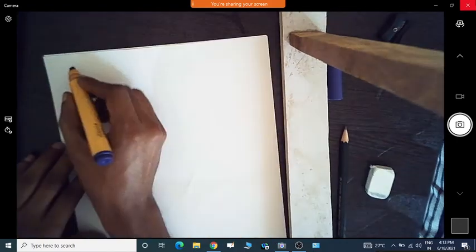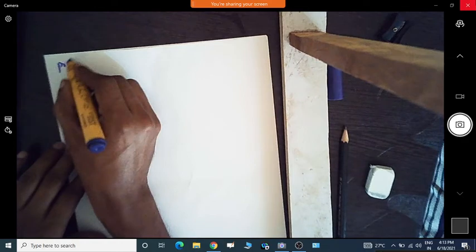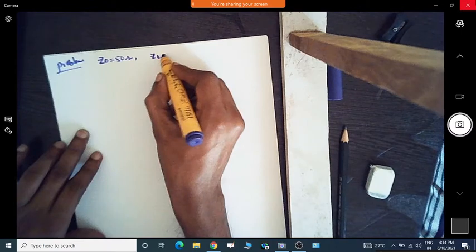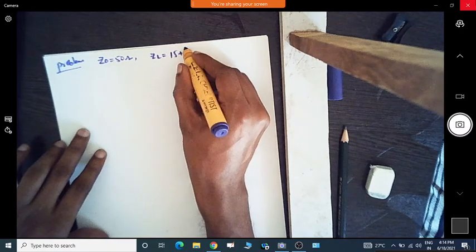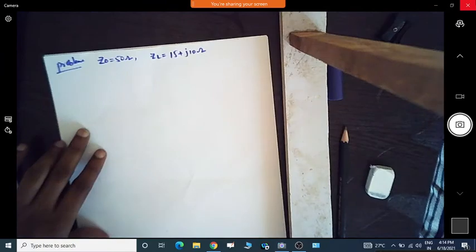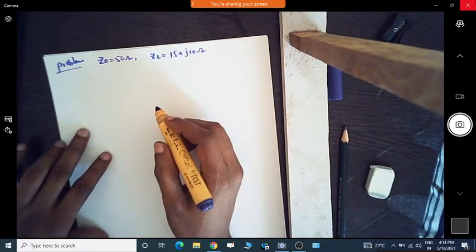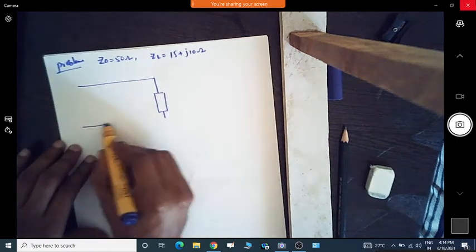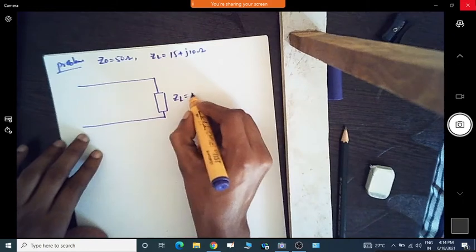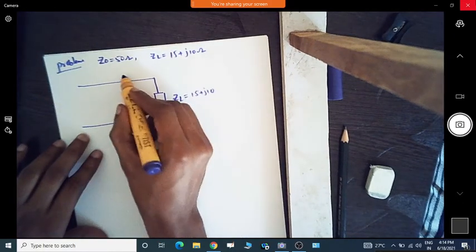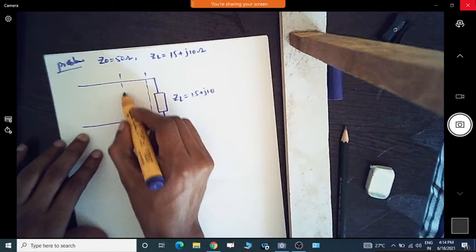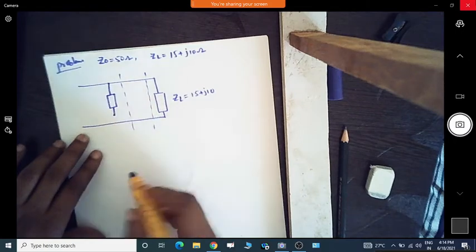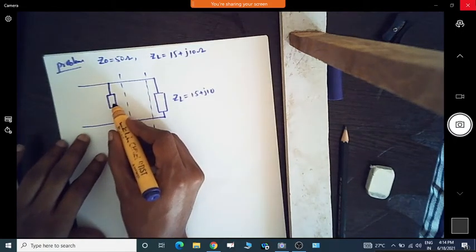Now let us take the problem where we have Z0 equal to 50 ohm, ZL equal to 15 plus j10 ohm, and we have a connected open stub. The figure has ZL equal to 15 plus j10, and from the load point we have connected a parallel open stub, or shunt open stub.